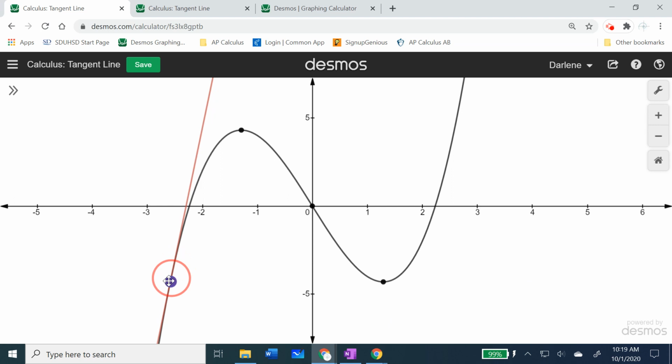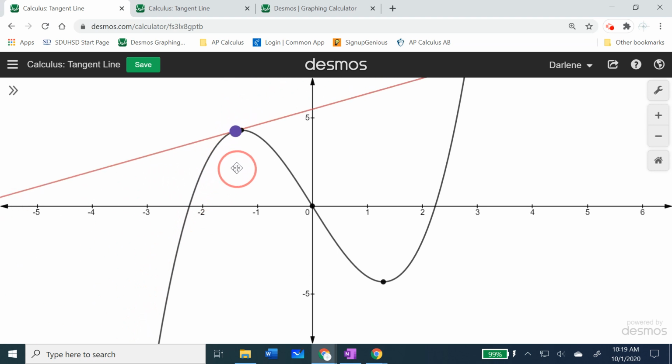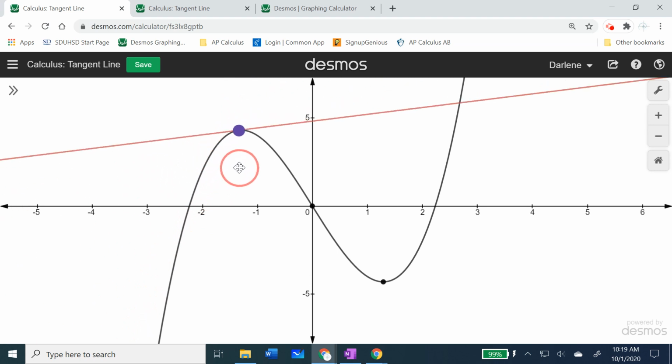So right now I'm traveling from some negative time over to this relative maximum, and I want you to watch the slope. Is the slope getting steeper or less steep? Less steep. What does that mean? Is the speed increasing or decreasing? Right, decreasing.